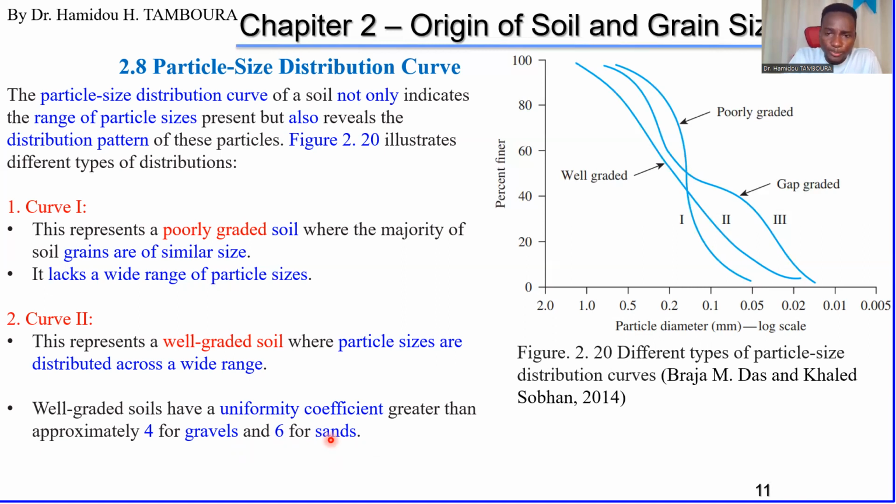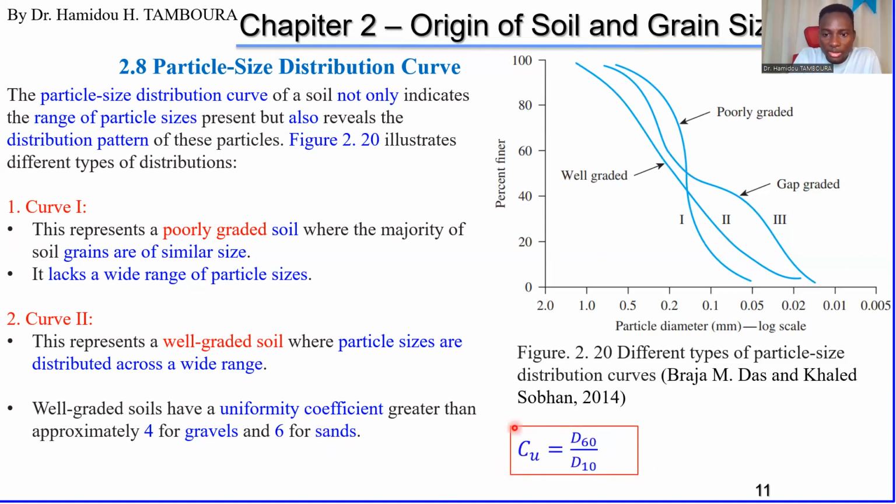But if it is gravel, meaning a good percentage of the soil falls within the size of the gravel, and the uniformity coefficient is a little bit higher than 4, then you can tell that your soil is well-graded gravel. Okay, let's move to the curve number.